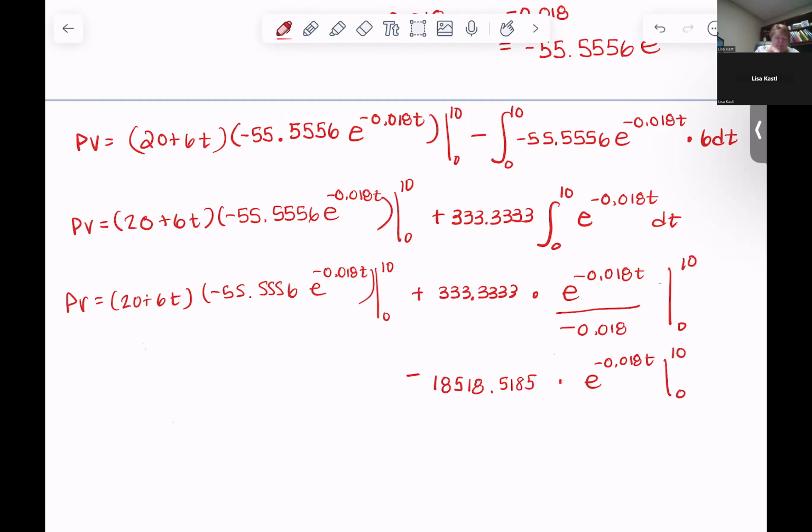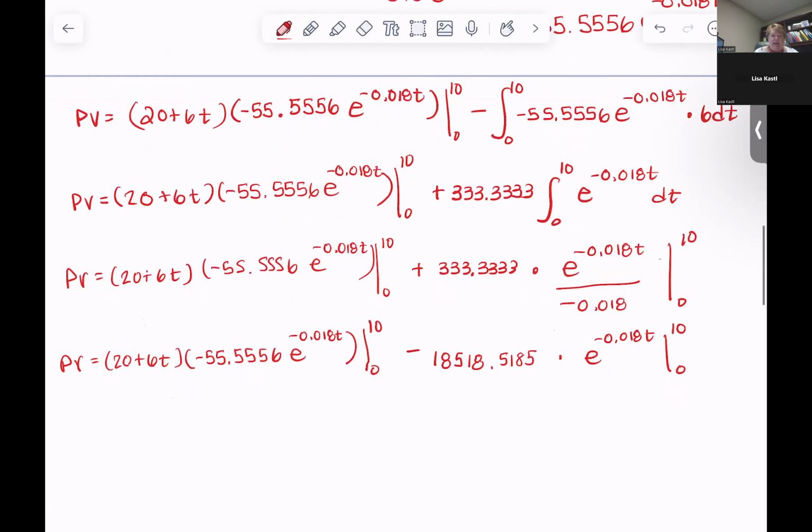And I still have all that first part up there. So we have PV equals 20 plus 6t times negative 55.5556 e to the minus 0.018 t evaluated from 0 to 10.